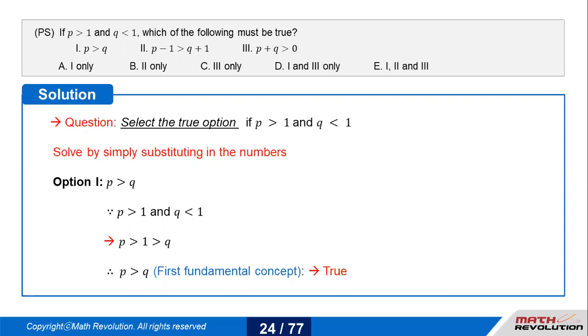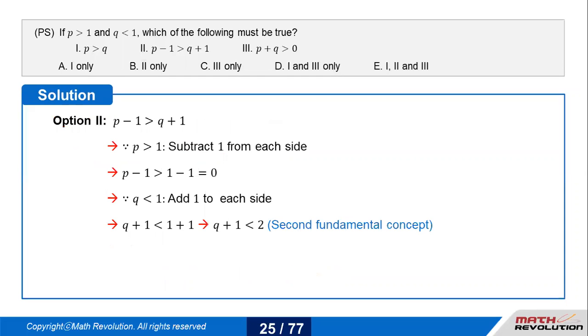First is true. Option number 2 says P minus 1, and on the other side it says Q plus 1. So if I already have P is greater than 1, if I subtract 1 from each side, I get P minus 1 is greater than 1 minus 1, which equals 0.